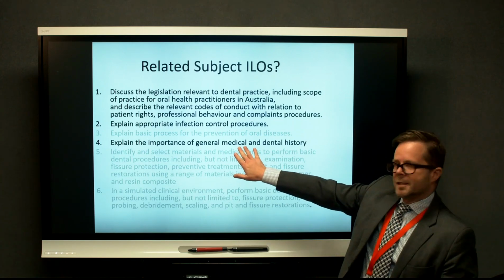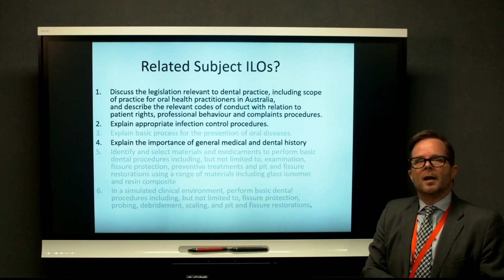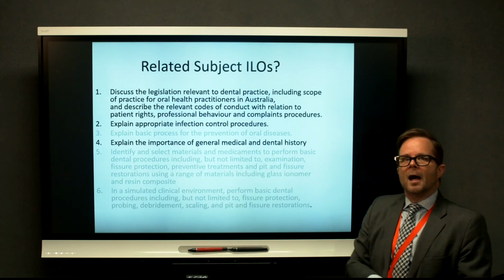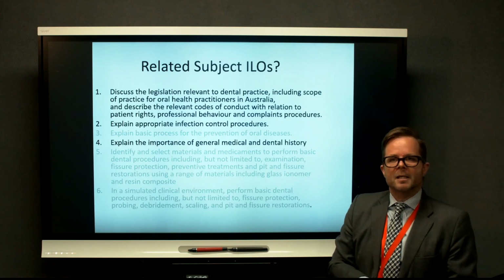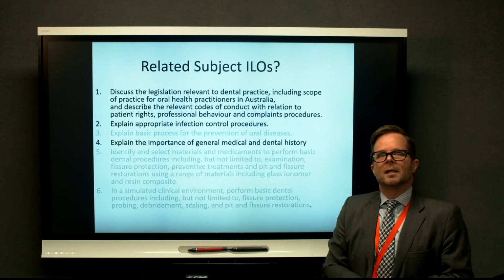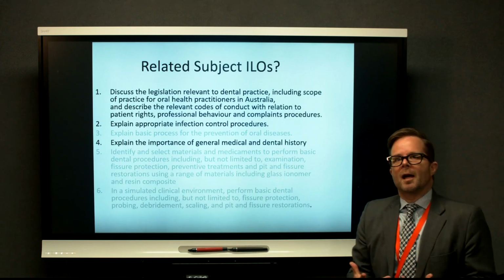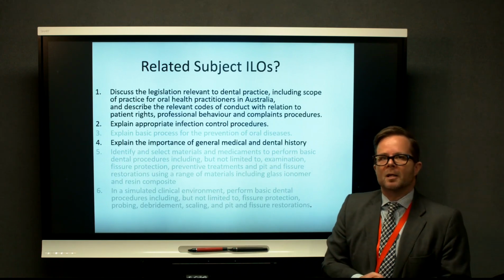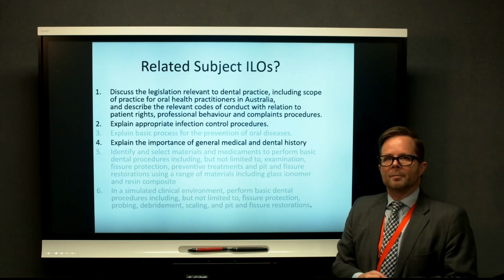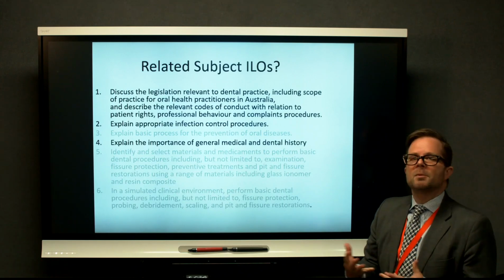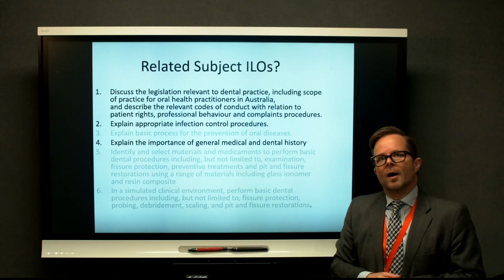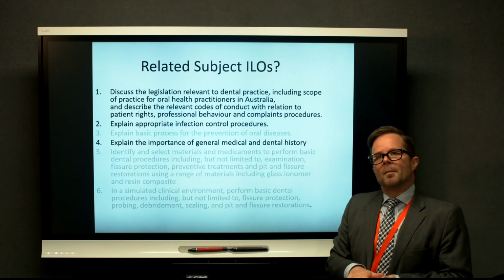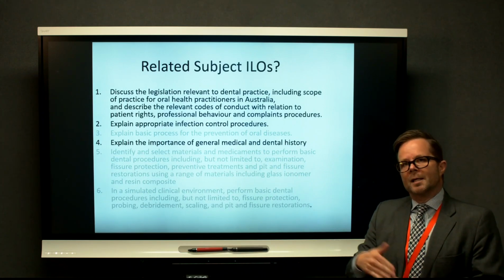And the other area it sits with is intended learning outcome 4, where we are interested in the medical and dental history of our patients, and why knowing about the history related to their medical and dental care or experience is important. So here we will identify things that may place others at risk.